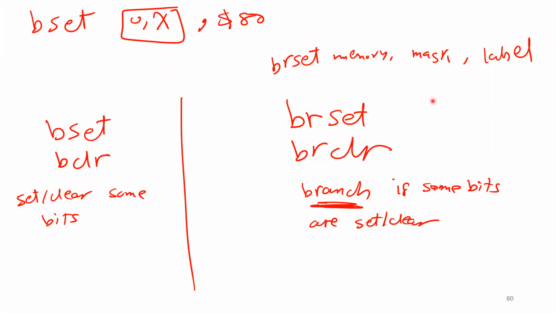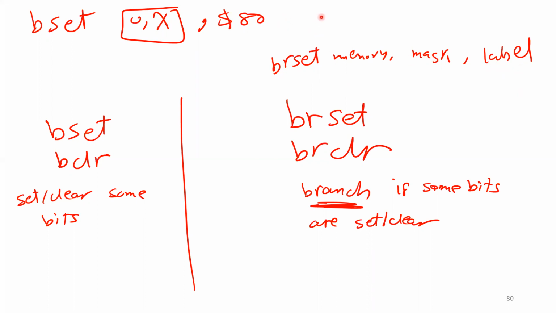This one, you check. You branch if some bits are set or clear. Here, you don't manipulate the bits. Here, you manipulate bits. Here, you only check. Regarding the format, this one is different. Here, you say branch if set. You put a memory location like this one, you put a mask like this one, but this one has a label.